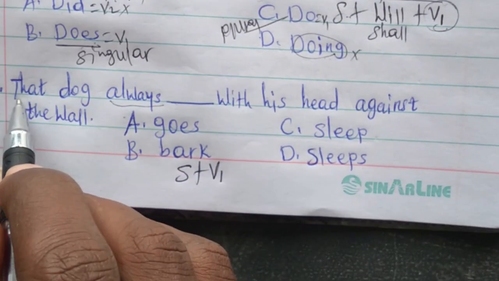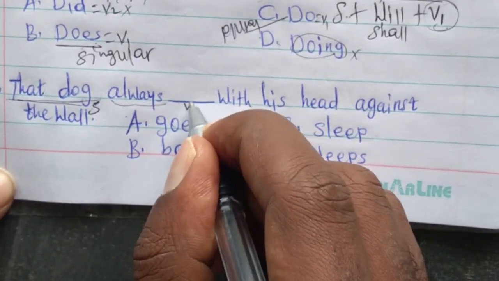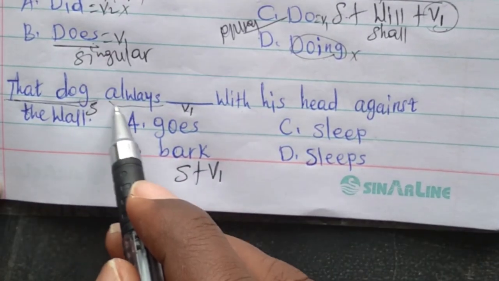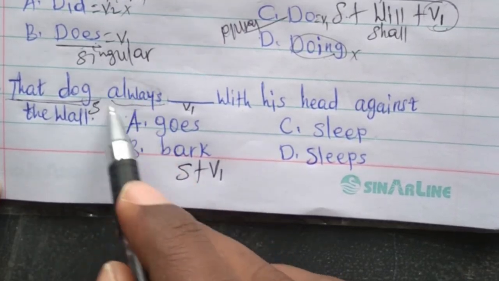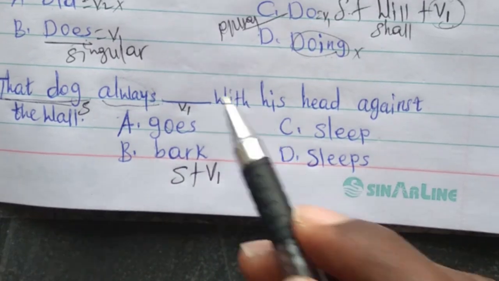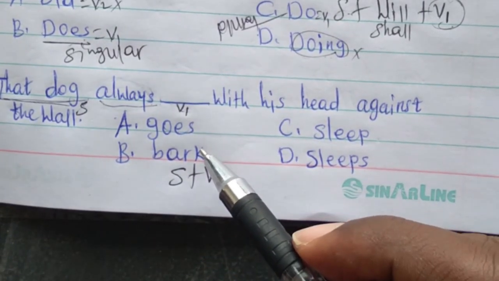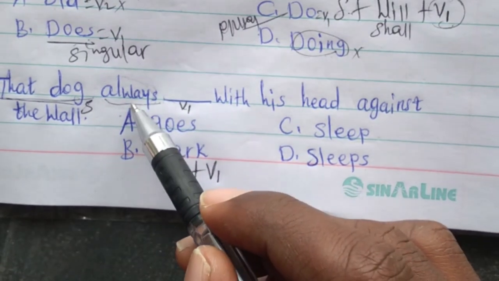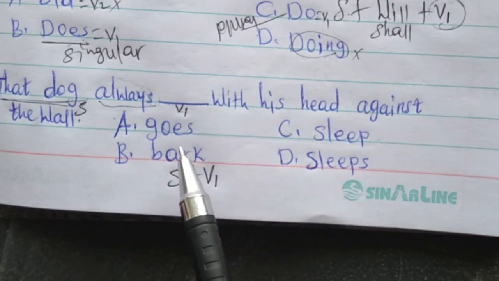So that dog here is the subject given, and we are now looking for the verb 1, and this one, always, is an adverb of frequency. It's not a modal verb. If it was a modal verb, we would be using the plural verb here, but as long as it is an adverb of frequency, we are not using a plural verb but a singular verb.